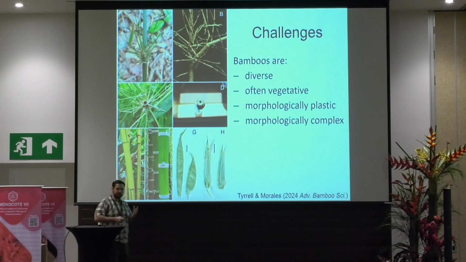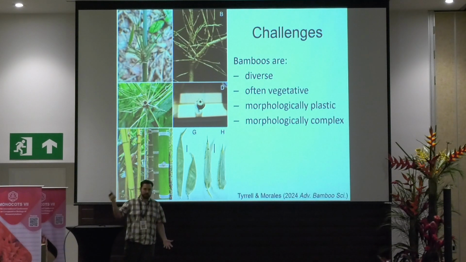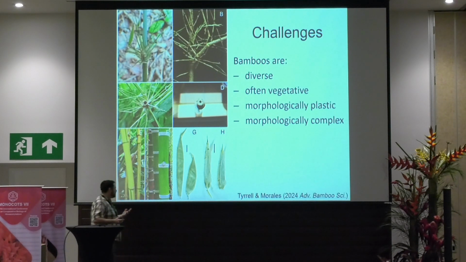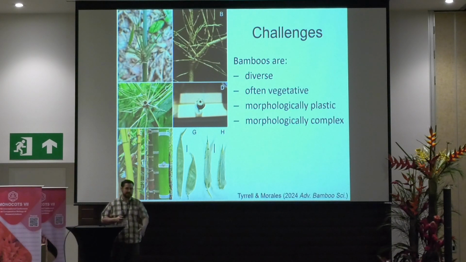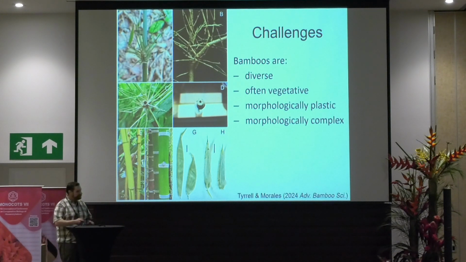They can also change whether you're looking at a young plant or an old plant. They can change whether you're looking at a plant that's in the sun or the shade, one that's on a north aspect or a south aspect or a west aspect, or it's on a steep slope or a narrow slope. So lots of variation, maddening amount of phenotypic plasticity.